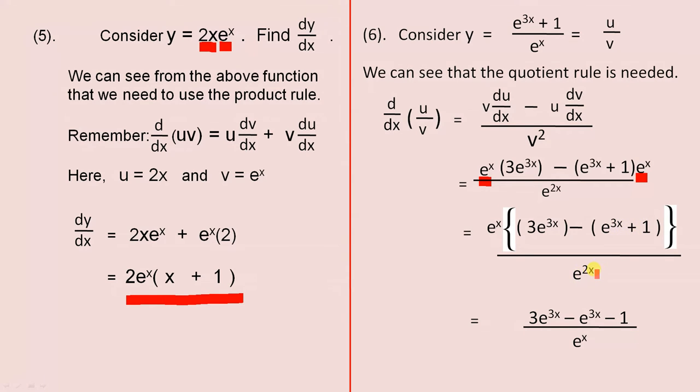And e to the 2x remains in the denominator. When we have e to the x over e to the 2x, we can cancel, and that leaves e to the x in the denominator. And in the numerator we have 3e to the 3x minus e to the 3x minus 1. So there is the answer.